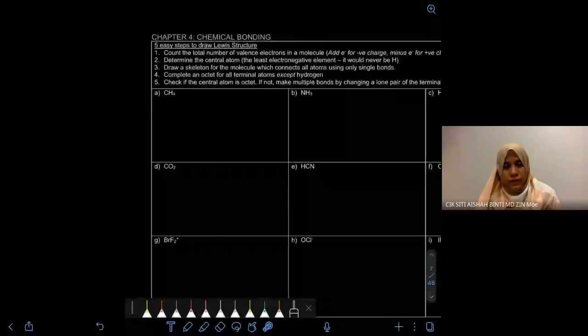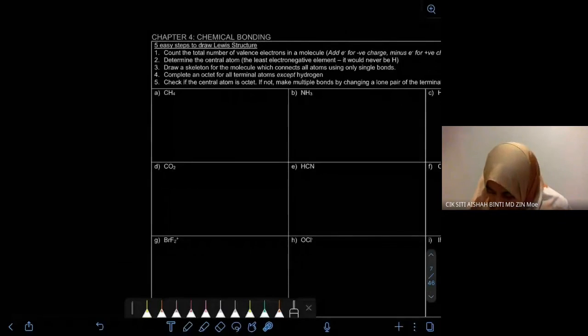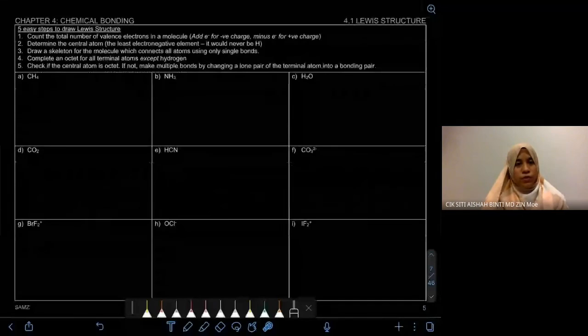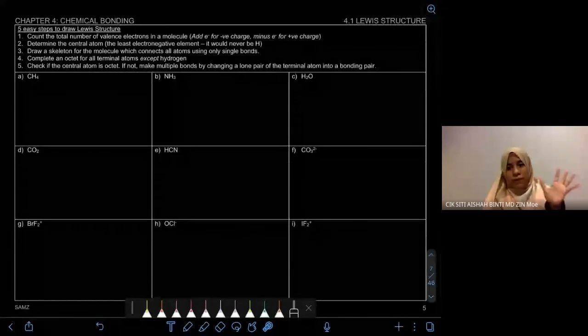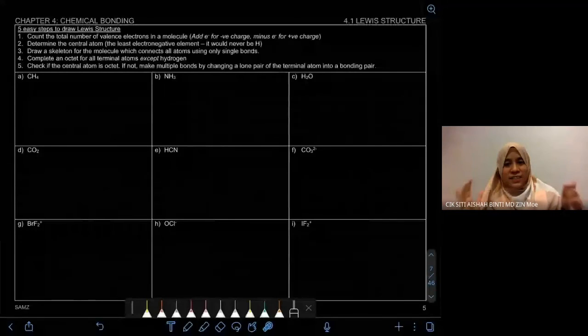Dekat sini. Yang after this what you will learn, ni page, sebenarnya nota kamu page 5 lah. Yang ni, draw Lewis structure. Yang ini banyak covalent bond. Yang ini kamu jangan risau, yang ini ada step by step dia. Sebab tu kamu rasa macam sikit ni covalent bond tu miss. Dia ada punya step. Kalau yang expeditive nak belajar kan, sebenarnya Lewis structure ni best sebenarnya.